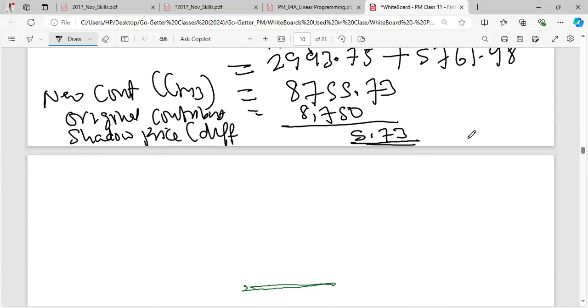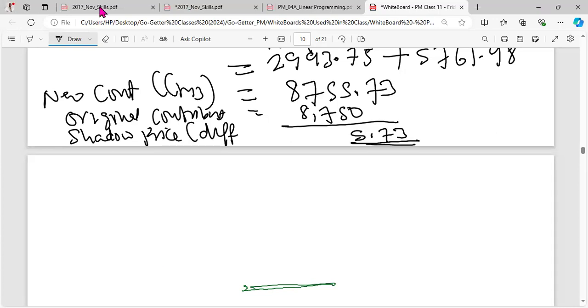So if you have any means to increase your capacity of your machine hour, you will favor M2. You will want to make sure that M2 is working. If anyone should be given more attention, it should be M2, because per hour you are earning more contribution than M3. That's your shadow price.